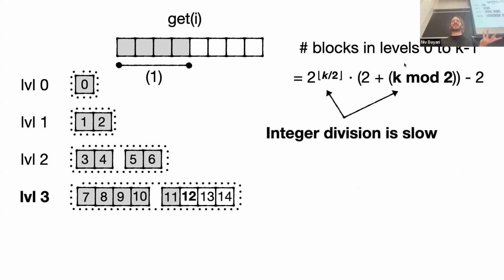My point is that even though this equation works, we want to compute it fast as well. What are some things that might be slow to compute in this equation? Well, first of all, there's a modulo here, and there's a division here. Division is generally considered to be pretty slow. What other problem do you see in this equation?